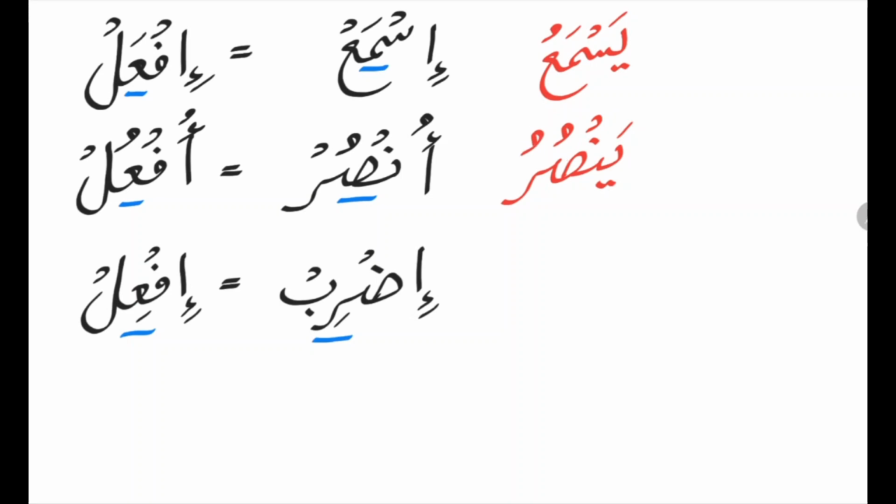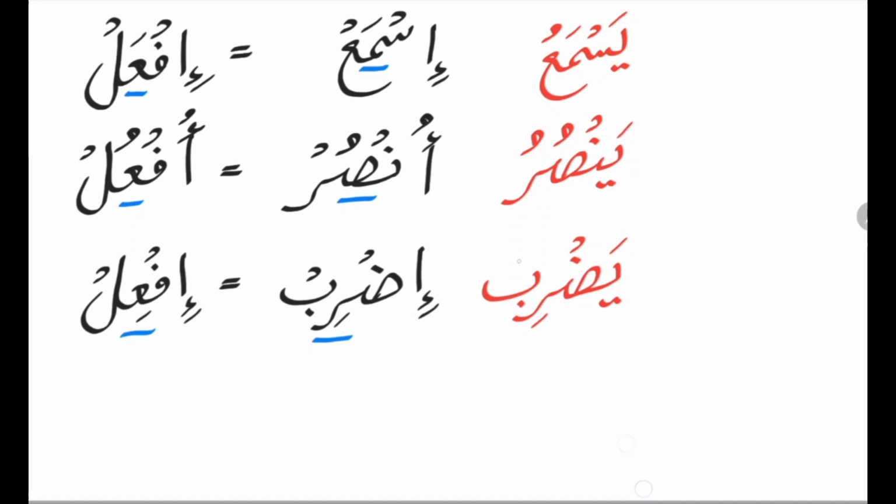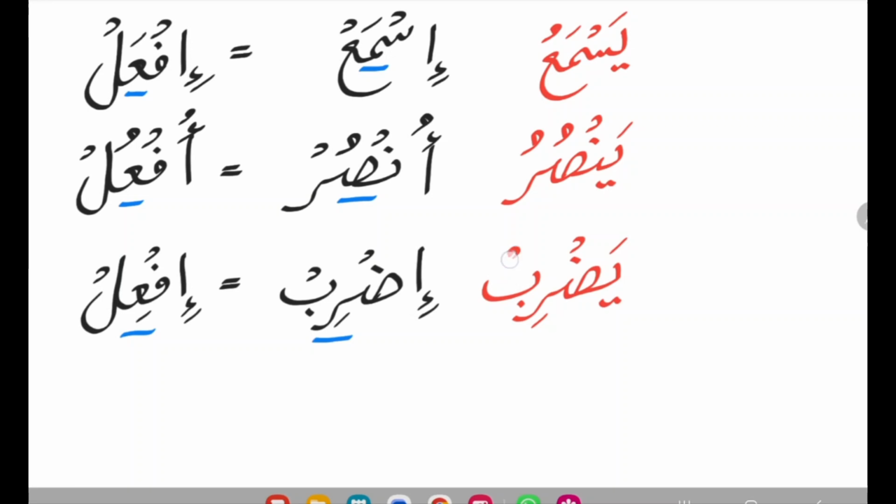So therefore, even in amr and also in nahi, I'm not writing down the nahis, but you have to keep in mind the nahis as well. In nahi and amr both, the middle letter, which is the ayn kalima, will have dhamma. And in idrib, the mudari' is yadribu. So in this case, ra, which is the ayn kalima, has kasra. So in amr and nahi both it is going to have a kasra. It's going to be idrib.